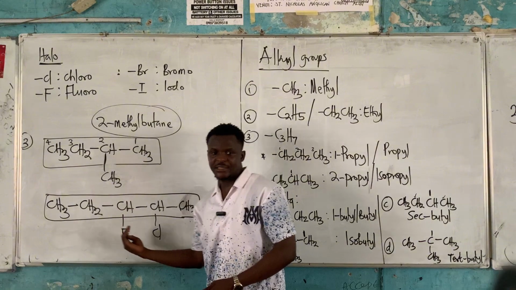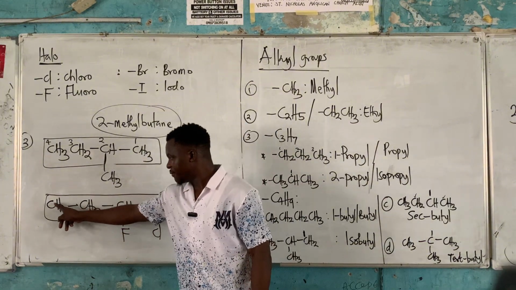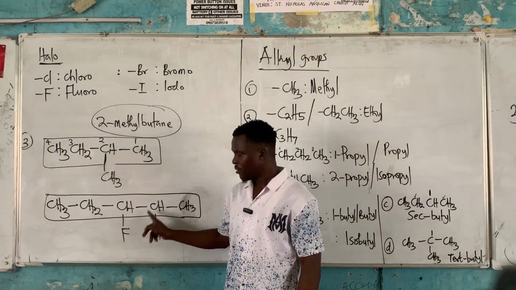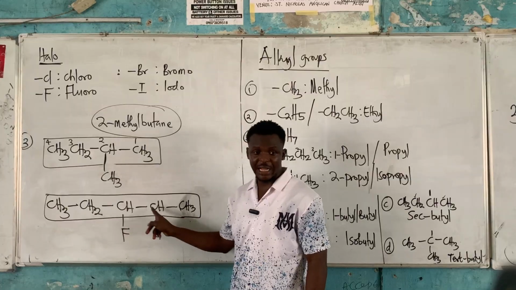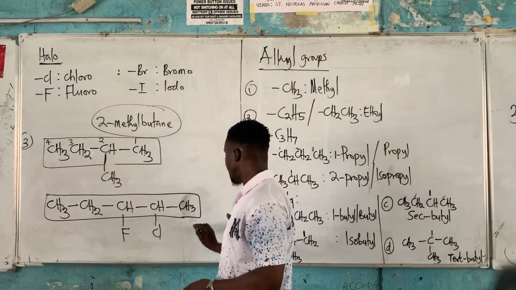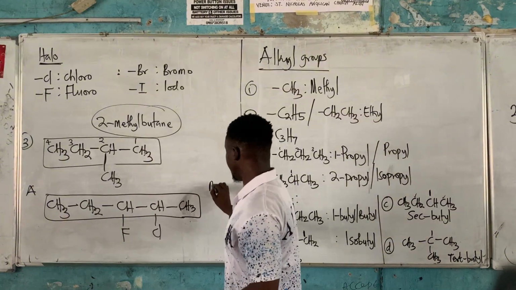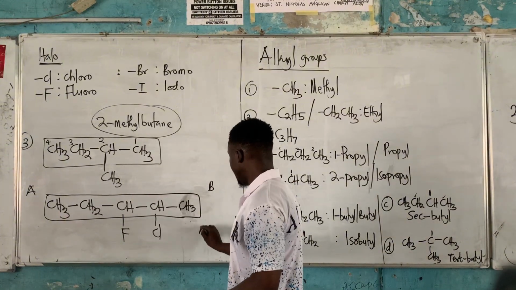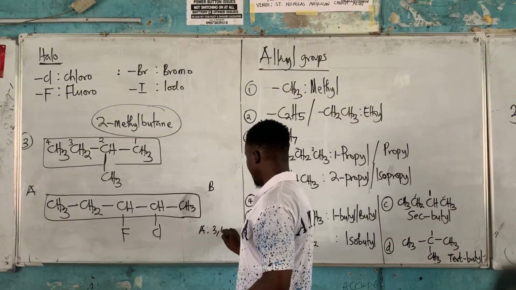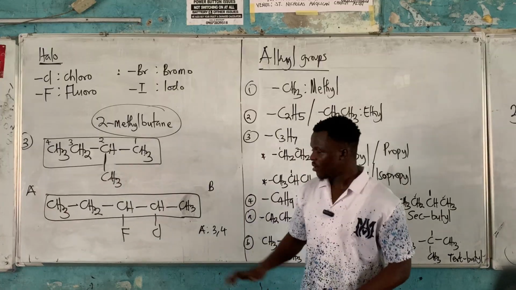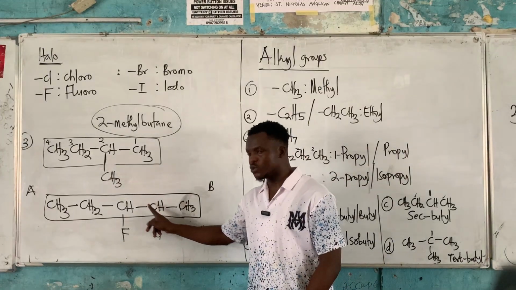If you come from this side, this will be 1, 2, 3, 4. These guys are carbon 3 and these guys are carbon what? So from the left, let's call this guy A and let's call this guy B. If I'm numbering from A, we have 3 and what? 4. If I'm coming from B, 1, 2, 3.